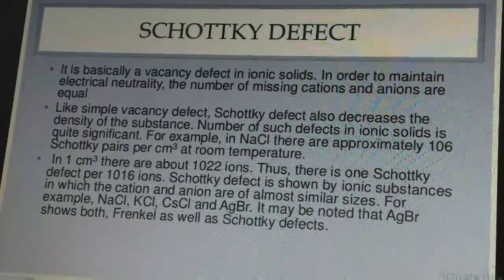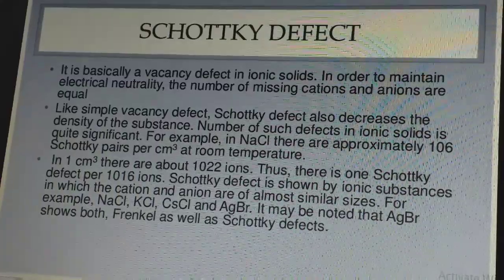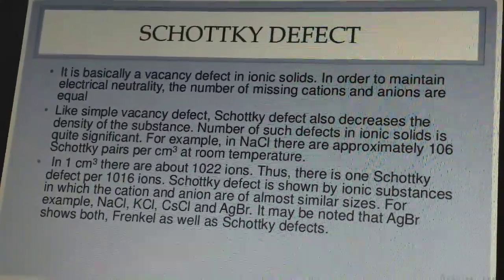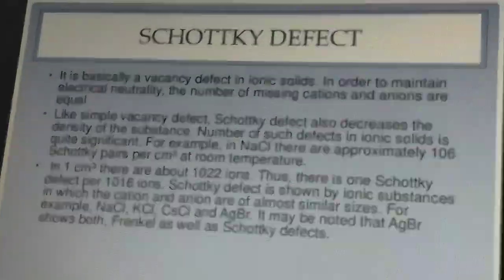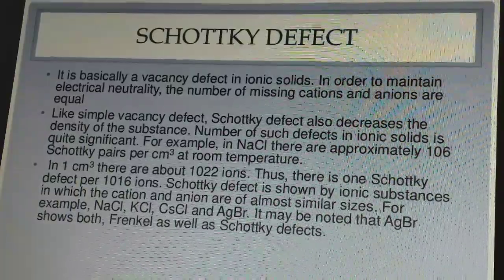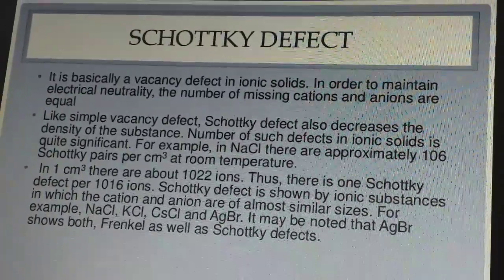Schottky defect is shown by the ionic substances in which the cation and anion are of almost similar sizes. In Frenkel defect, the cation and anion size difference is larger, but here cation and anion are almost similar in size. For example, NaCl, KCl, CsCl, silver bromide.